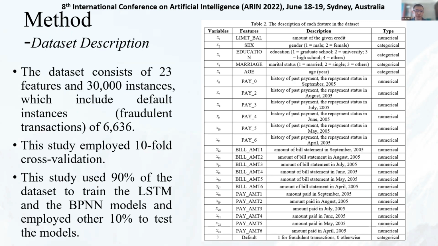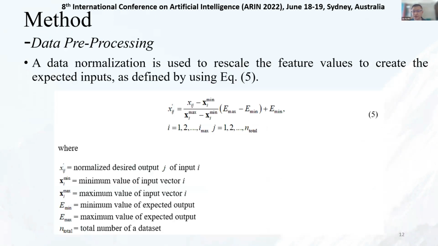This study used 90% of the data set to train the LSTM and the BPNN models and employed the other 10% to test the models. Data preprocessing. Data normalization is used to rescale the feature values to create expected inputs as defined by using equation 5 like this.